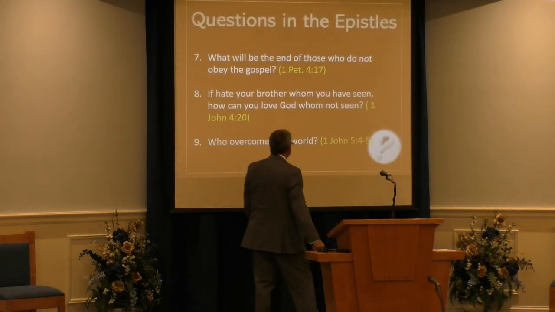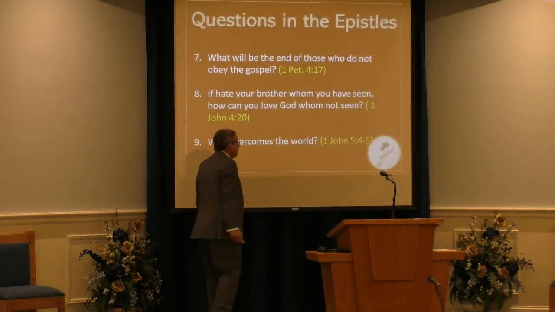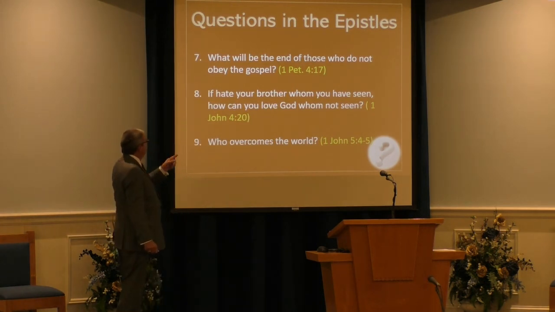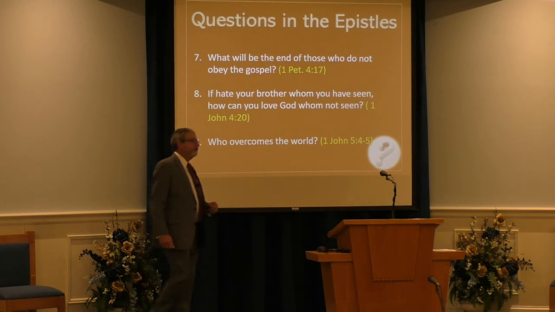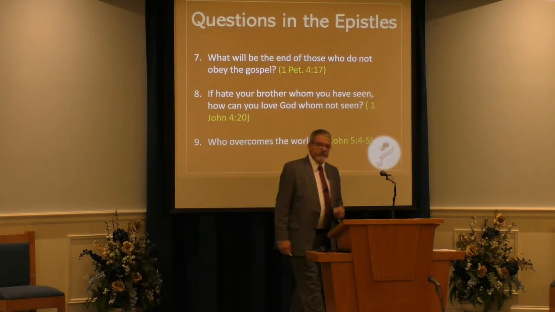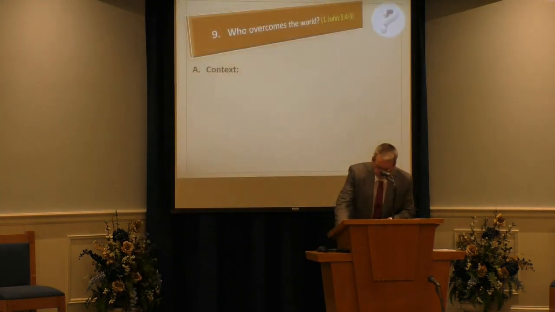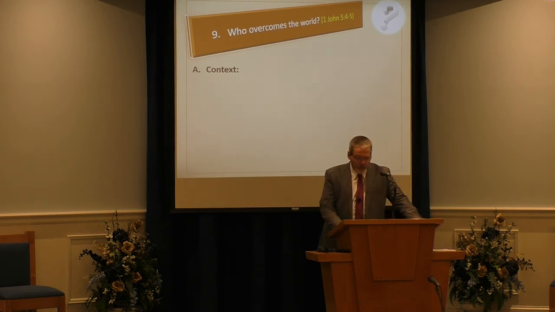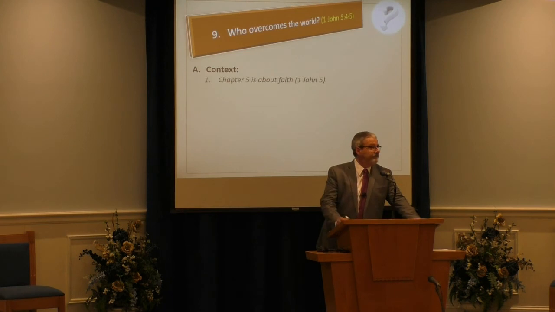One more question and we're done. Chapter 5 of 1 John, next chapter over, who overcomes the world? Chapter 5, verses 4 and 5. Let's get the context, then we'll come to the question.